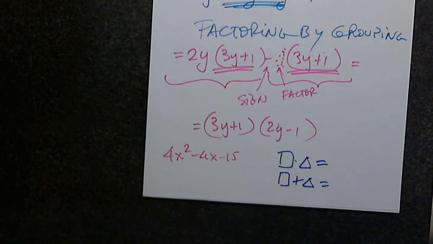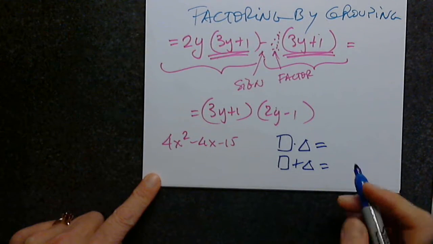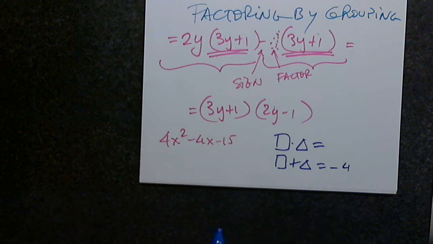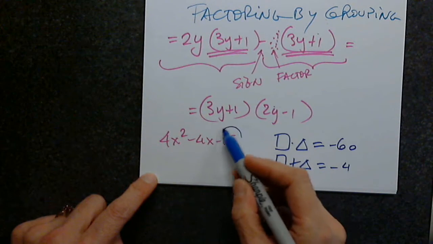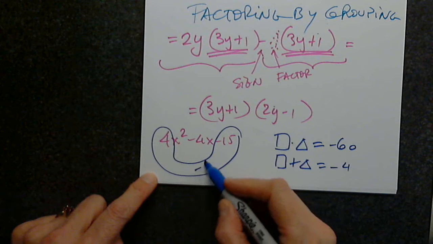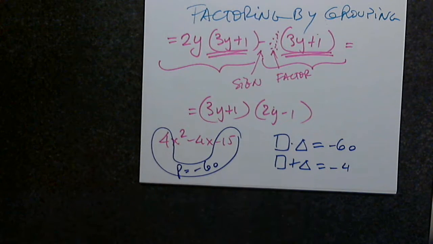Let's start with the sum. Correct. But what about the product? Correct. So I have to incorporate. So this is negative 60 is the product. Perfect. Good. So now I have to think. I have to try to find two numbers whose product is negative 60 and whose sum is negative 4.